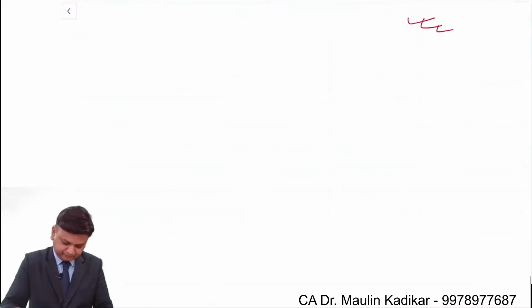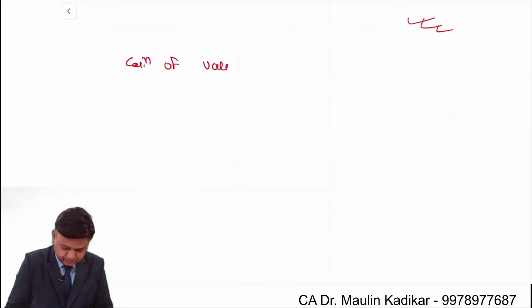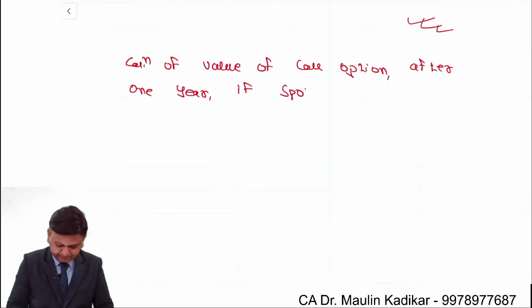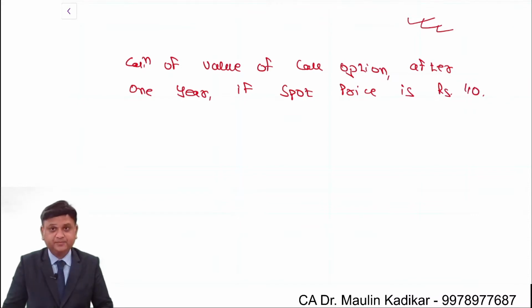Next, calculation of value of call option, comma, after 1 year if spot price is rupees 40.